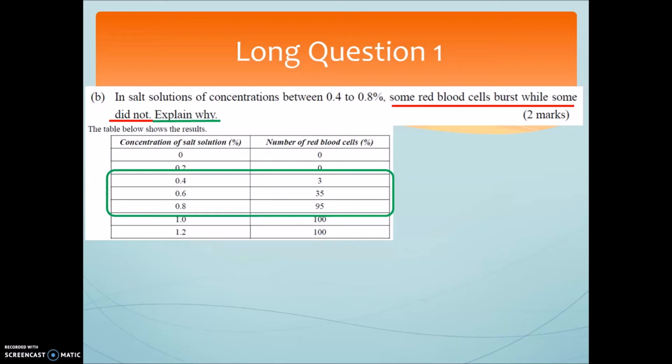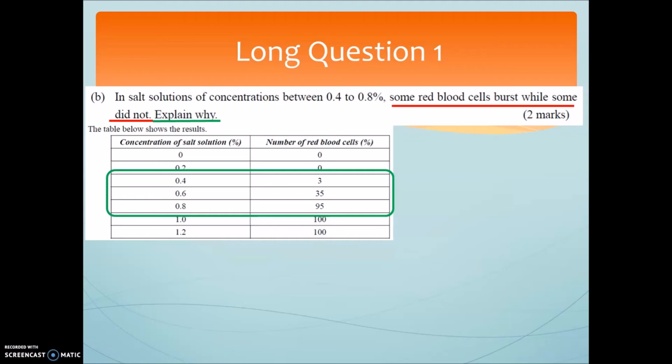If there is a difference of water potential, there will be a net movement of water molecules, maybe entering, maybe leaving the cells, right? But what if the water potential of the cytoplasm in the red blood cell and the water potential of the sucrose solution are the same? Then there will not be net movement at all.